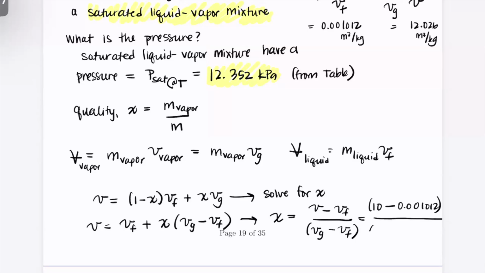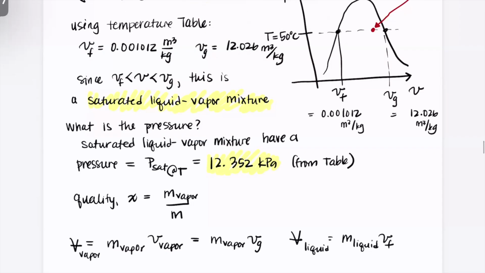And then Vg is 12.026 minus Vf, which is 0.001012, which gives us a quality of 0.83 or 83%. All right, that makes sense. We drew our little red dot mostly toward Vg. If we were at the saturated vapor line, we would have a quality of 1, right? So that makes sense.